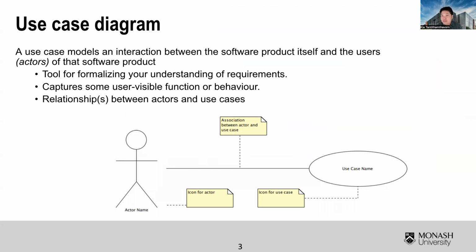The actors can be anyone, the end user or the admin. If we talk about a real estate management system, it can be the tenant, the customer doing the buying and selling, the property owner, the real estate agent, and the admin who manages the whole system, right? So there are different actors, and different actors may have different access to different features, different requirements here. That's why we need the use case diagram.